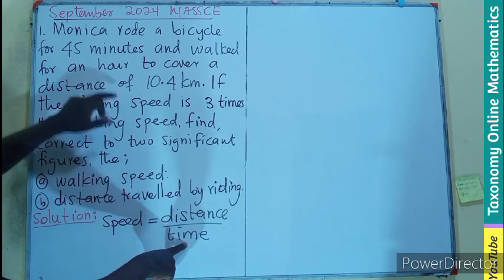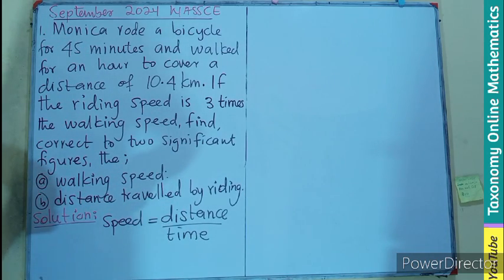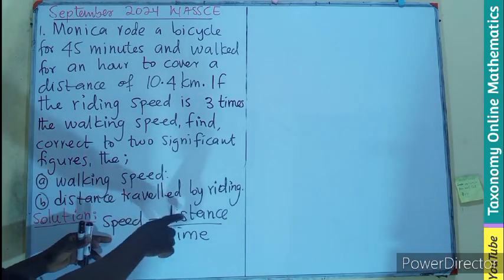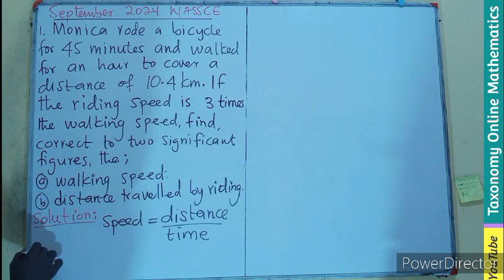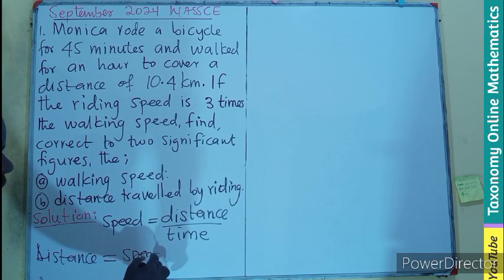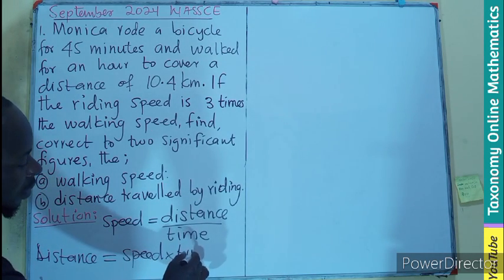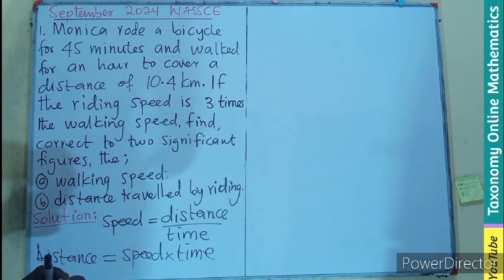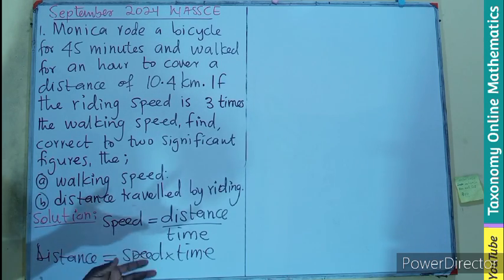The time for walking is known, but the distance is not known. So we need to find the distance first. So how do we find distance? When you cross multiply, distance will now be equal to the speed times what? The time. Where in this case, we can use any letters to represent.